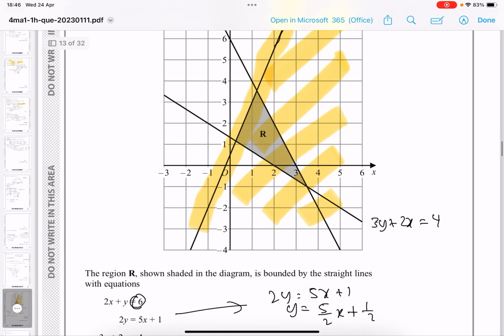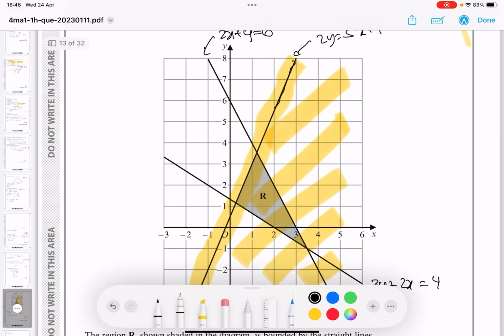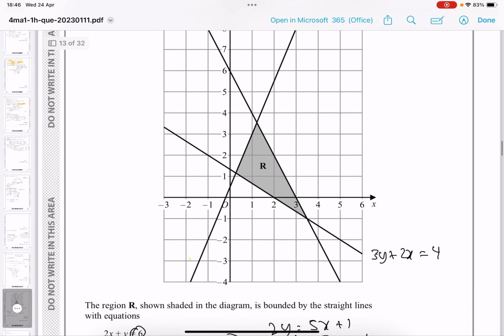Now, last inequality will be, quickly rub that out, otherwise it gets too confusing. Okay, the last inequality is 3y plus 2x equals 4. Now, let's identify that line. It's this line here, and it's on the right-hand side.